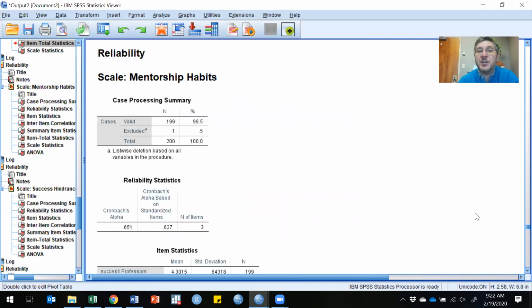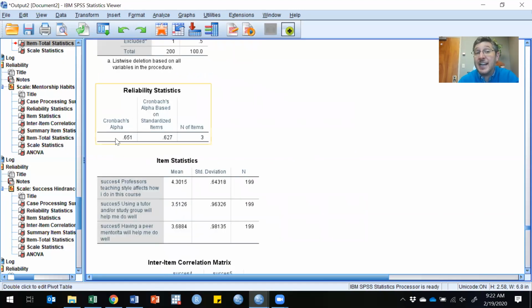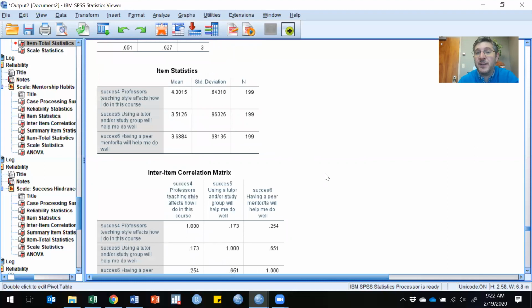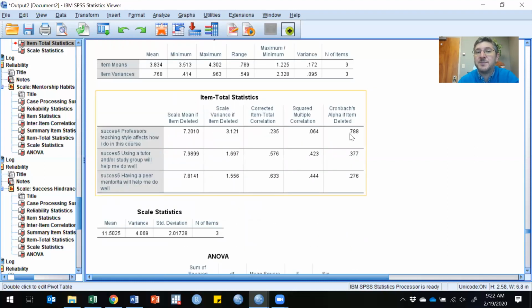So this was our mentorship habits. It has a borderline, sort of weakish alpha, probably not too bad, but not great either. Let's see if we can improve it at all. Notice if we delete success 4, our alpha jumps dramatically, right?